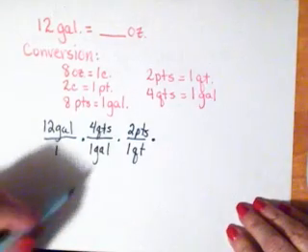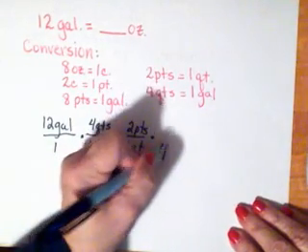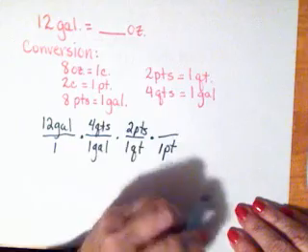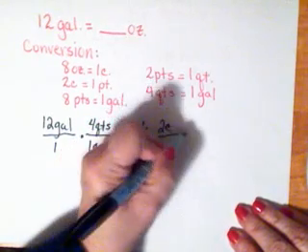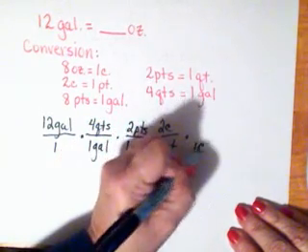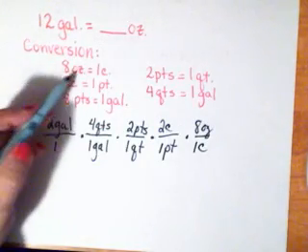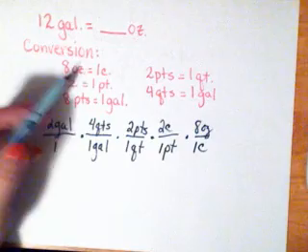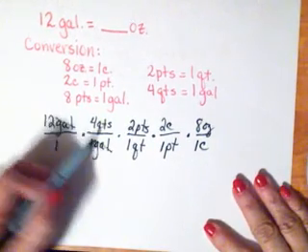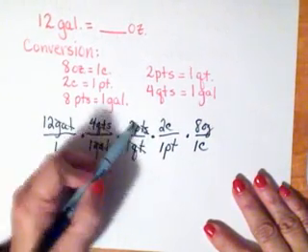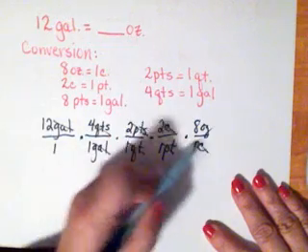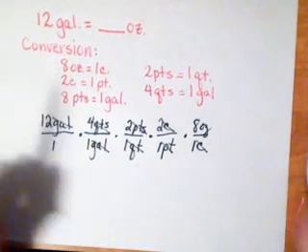Alright, then I have 1 pint equals 2 cups. And then I have 1 cup equals 8 ounces. Now these are obviously fluid ounces, okay? So my gallons cancel, my quarts cancel, my pints cancel, my cups cancel, and I'm left with ounces.